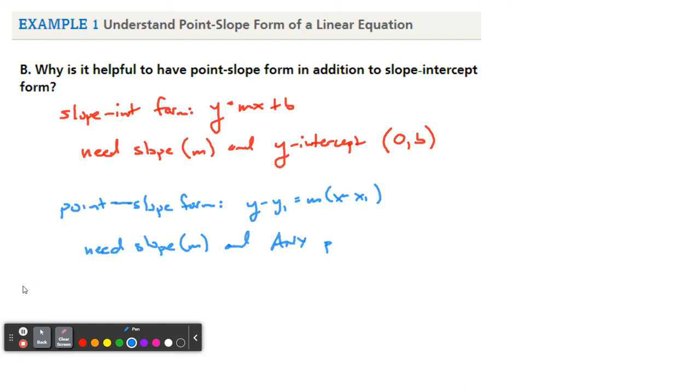Again, that's the major difference, right? Any point, and that would be x1, y1. So that's why point-slope form is a little bit more beneficial because you can use it in more situations.